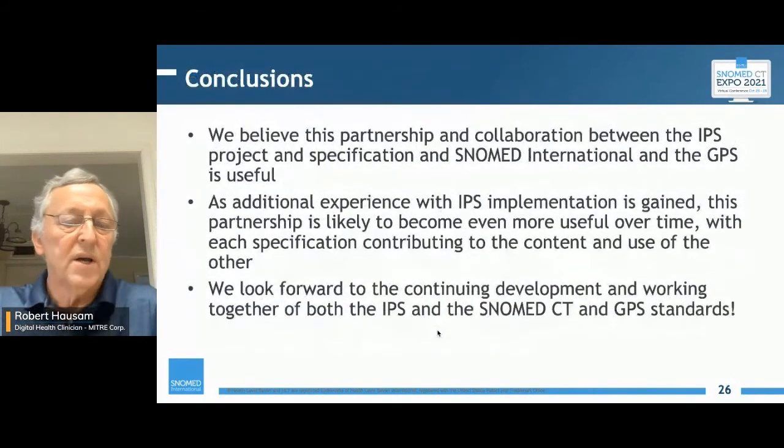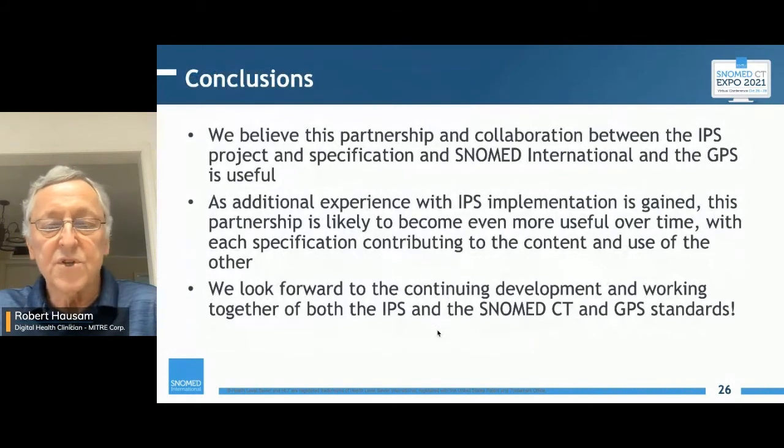And so with all of that, our conclusions are that we believe this is a useful partnership and collaboration between the IPS project and the IPS specification, and SNOMED International and the GPS. And as we do gain additional experience with our IPS implementations, we expect that this partnership is likely to become even more useful over time.